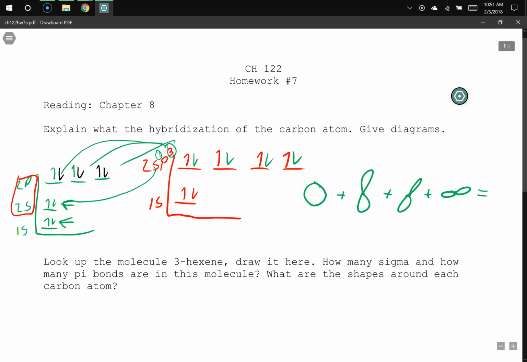In the end, what you get is exactly what they see in X-ray crystallography, which is a tetrahedral shape. So it was verified mathematically as well as experimentally.